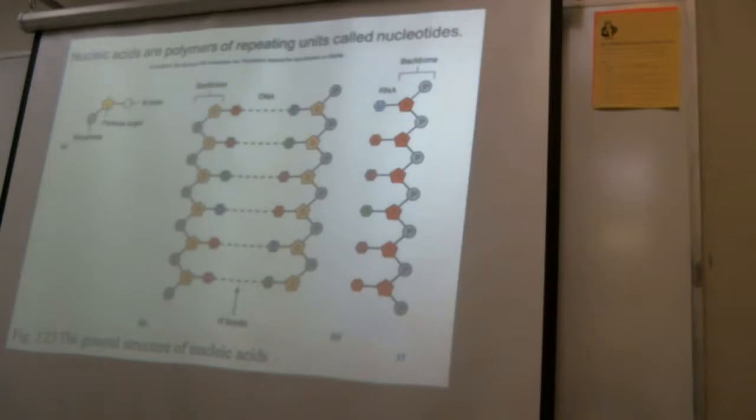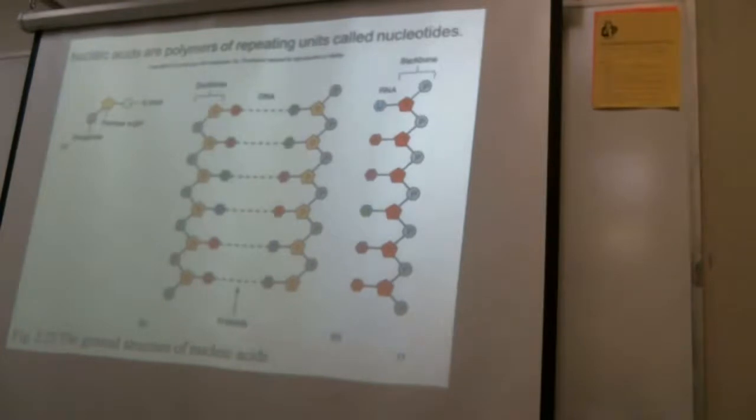RNA has the U, the DNA has the T. Both have G, C, and A. G, C, and A is present in both DNA and RNA. It's just DNA has the T, RNA has the U. So that's one other difference.